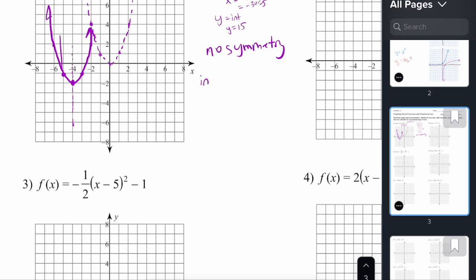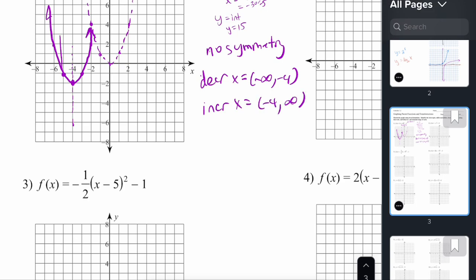So it is decreasing for an x value of -infinity to -4, and then it is increasing for an x value of -4 to infinity.